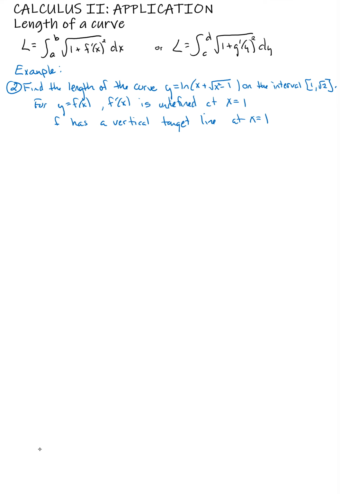What can we do? Well, let's see if changing this to a function of y will help us. So we start with y is equal to some function of x, and I need to isolate the x.